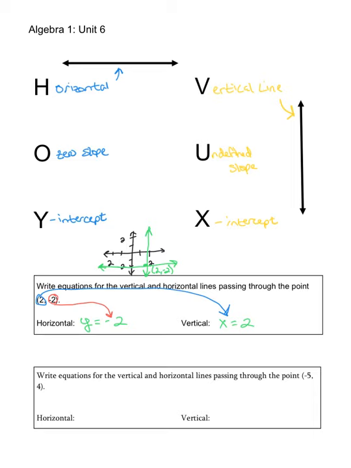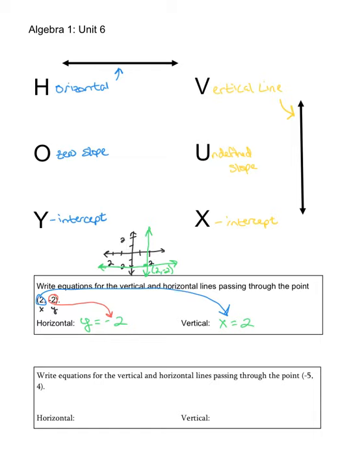That's what you do. If you are told to graph a line through a point, graph the horizontal and vertical lines through that point. The horizontal line is y equals the y-coordinate, and the vertical line is x equals the x-coordinate. There's your x, there's your y.